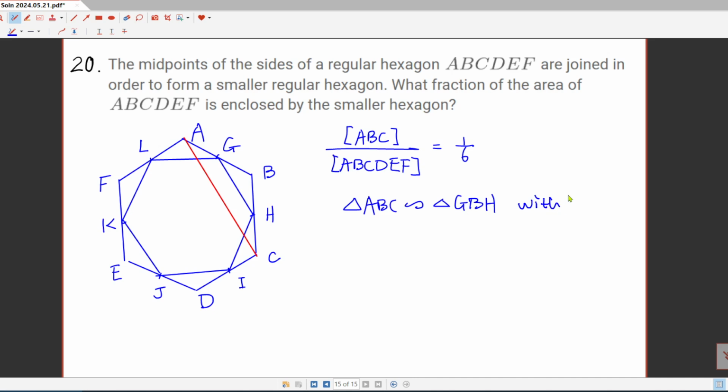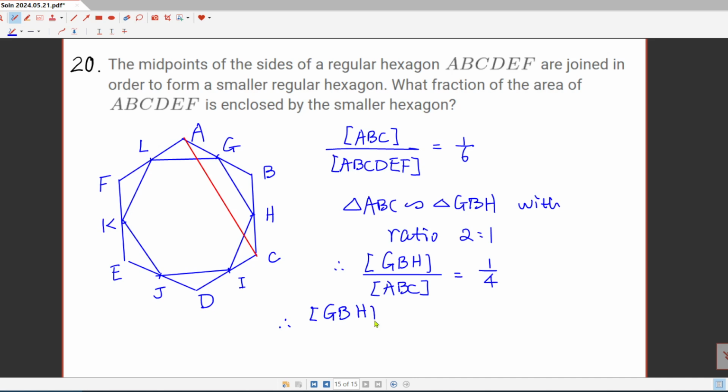We also know the ratio is 2:1, right? Because G and H are the midpoints of AB and BC. Therefore, we know the area of GBH to the area of ABC must be 1/4, right? Therefore, we know the area of GBH over the area of ABCDEF must be 1/24, right?